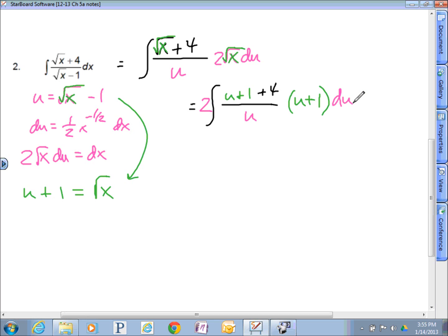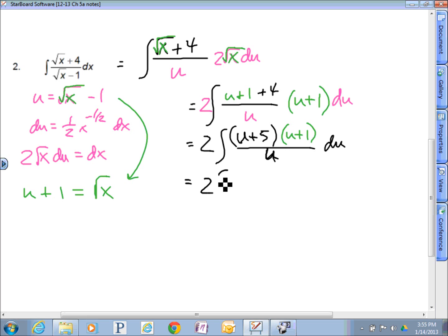Well, now let's rewrite this and clean all this up. So I have 2 times the integral of u plus 5 in the numerator of that fraction, and I also have a u plus 1 that is being divided by u. I better make sure I get a quantity around my u plus 5 with a du. Now what I see in this numerator is a pair of binomials being multiplied together.